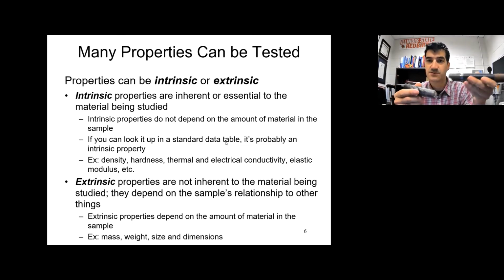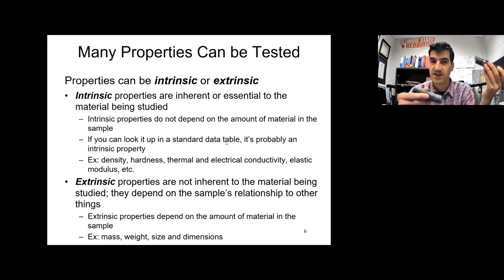I can do a test with a smaller specimen, and then I can scale things up, and I can know exactly what the mechanical properties of a larger specimen should be. That's because when we're doing the testing, we want to get to intrinsic properties of the material. All right, so intrinsic: it doesn't matter how much of the stuff.